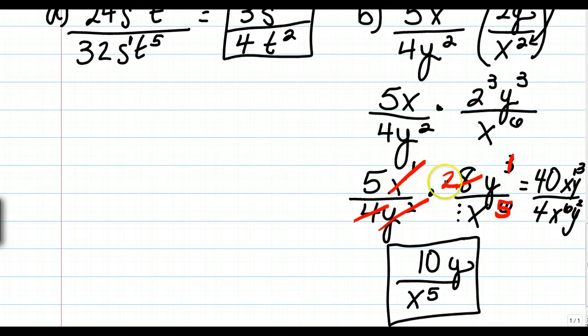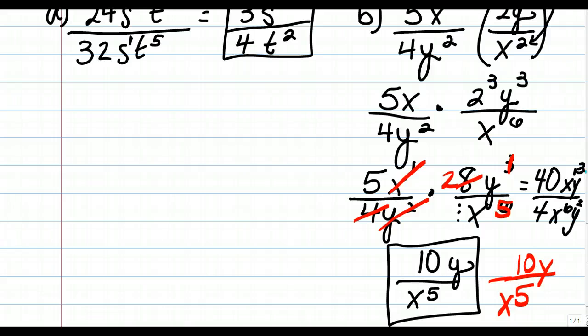So you do 5 times 2 is 10, and you'd have just the y left over on top. On the bottom, all of these went away, but here we had x to the 5th, and if you notice, I got the same answer. So you can cross cancel if that's easier for you, or you can multiply across and then reduce, whatever you feel most comfortable with.